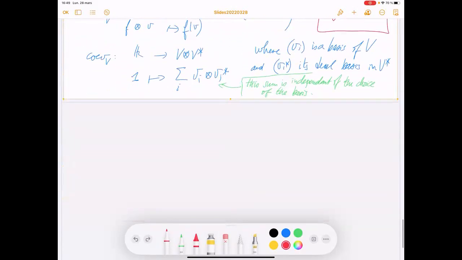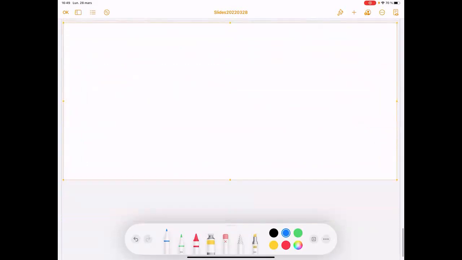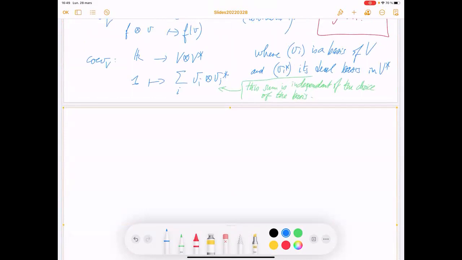So, second example of a rigid monoidal category. And there will be a third example, but I'm afraid we will not have time for the third example today.